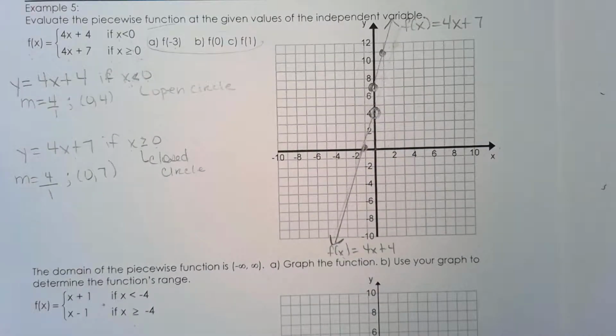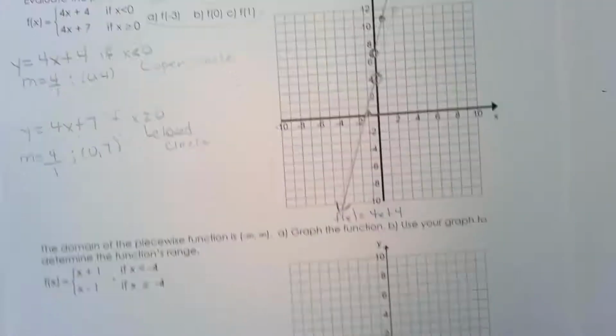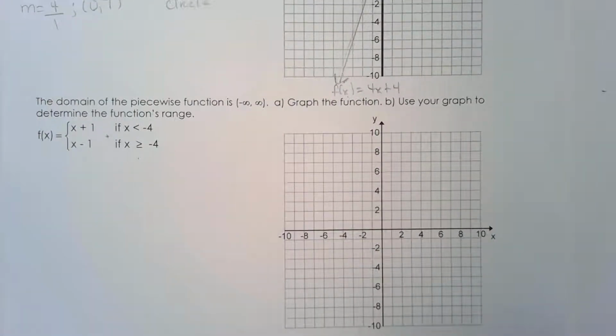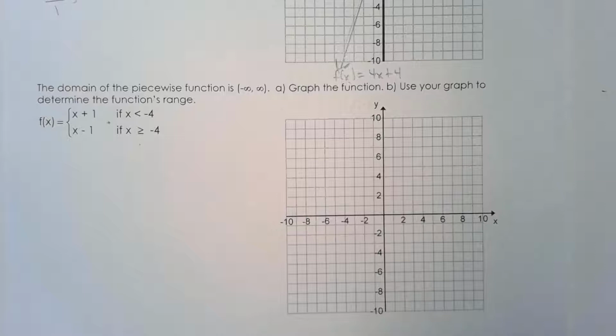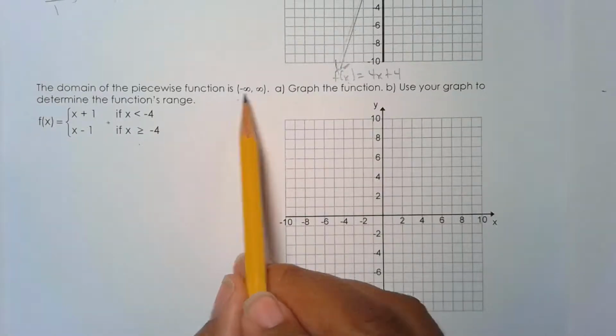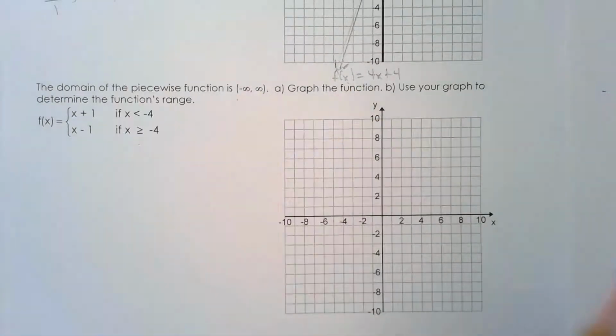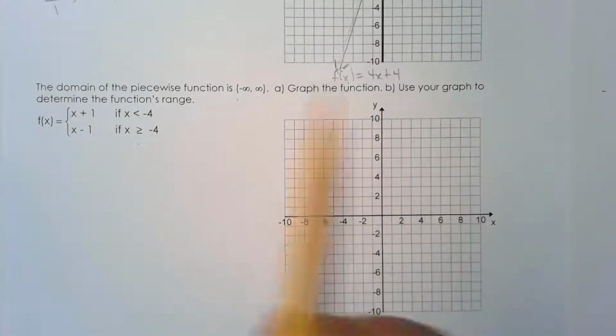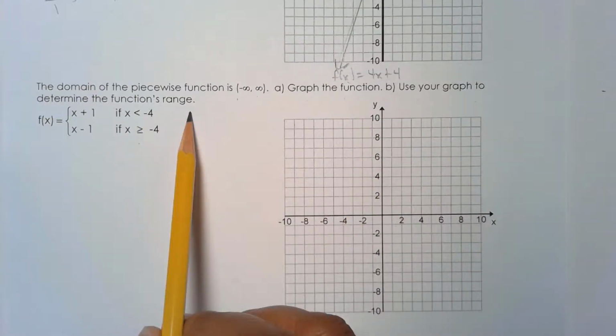Okay, so let's look at this last example. It says the domain of the piecewise function is negative infinity to positive infinity. Graph the function and then use your graph to determine the function's range.